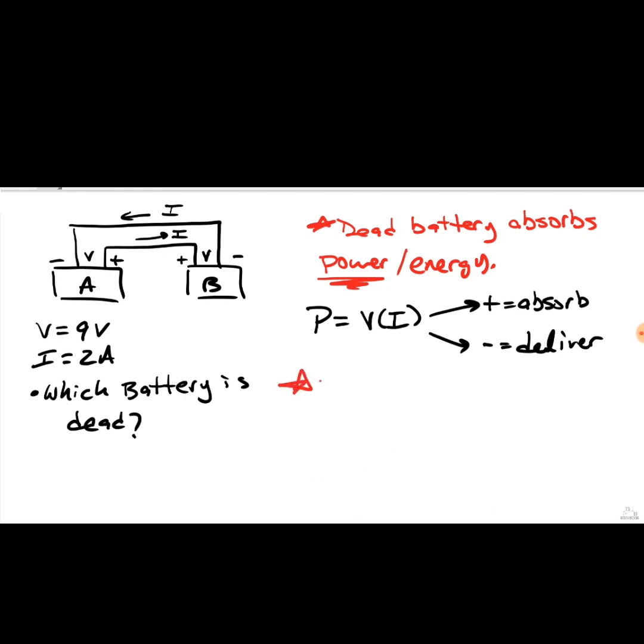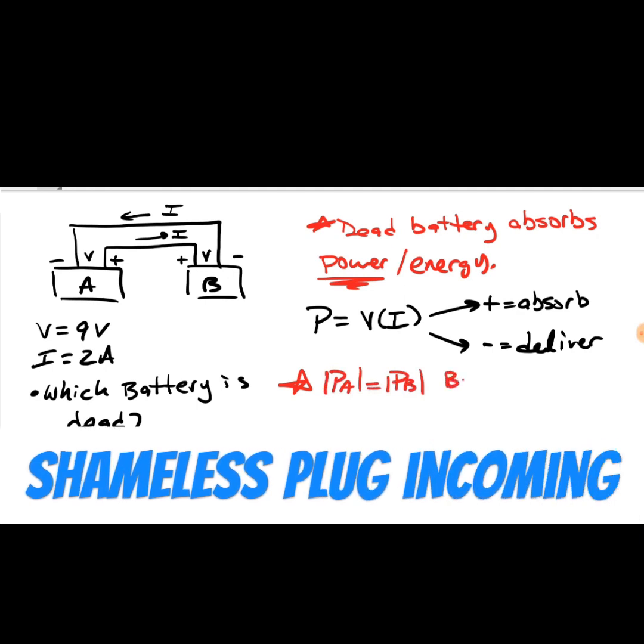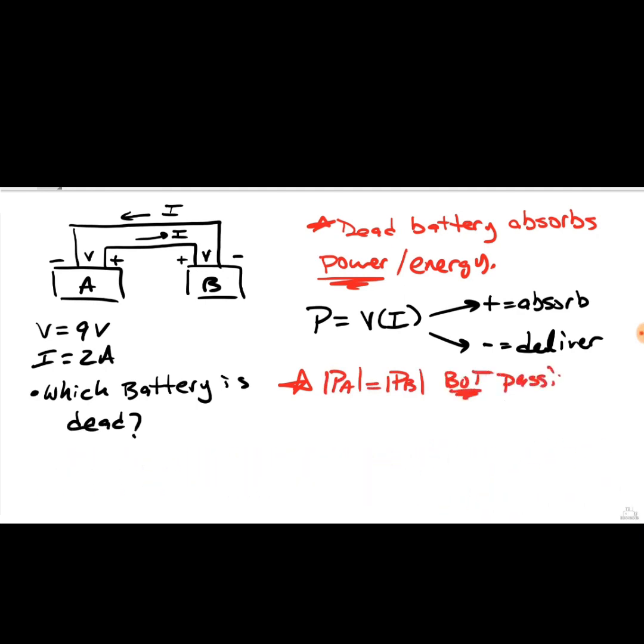So I'm going to say the magnitude of the power for A is the magnitude of the power for B. But, and this is the big but, passive sign convention dictates sign.